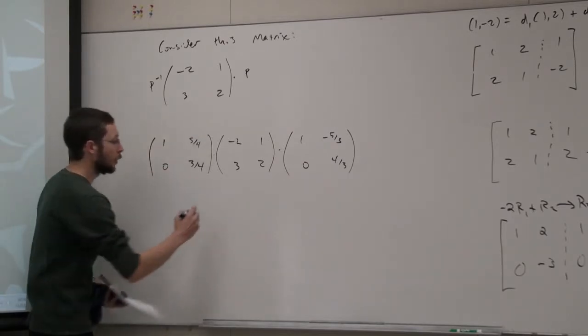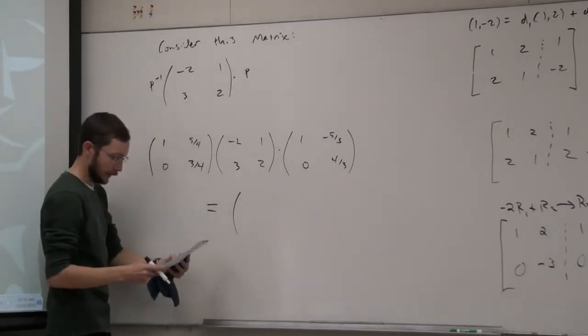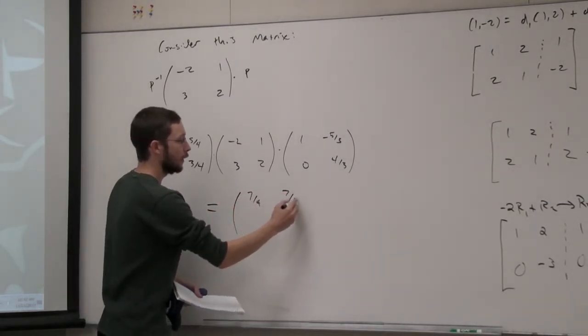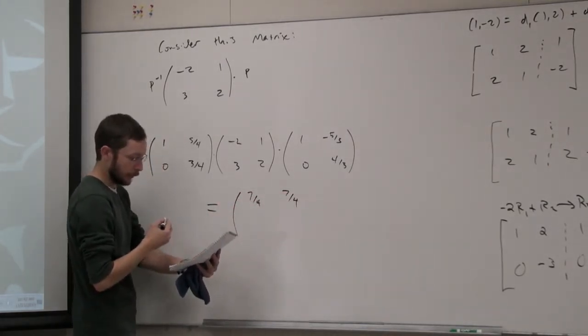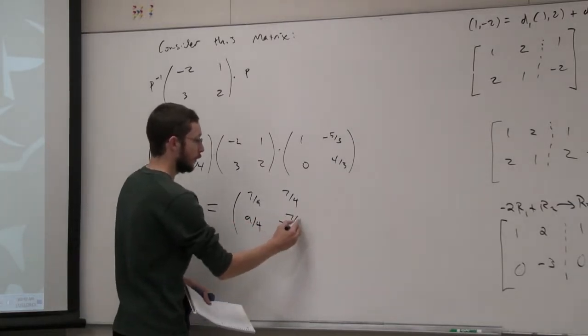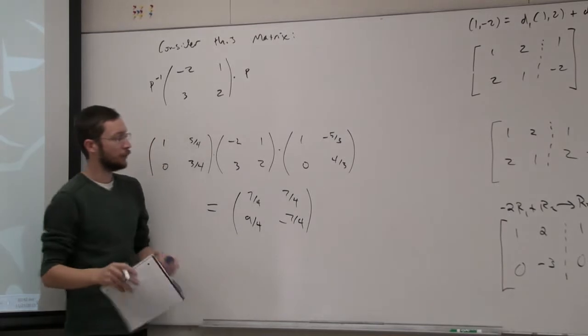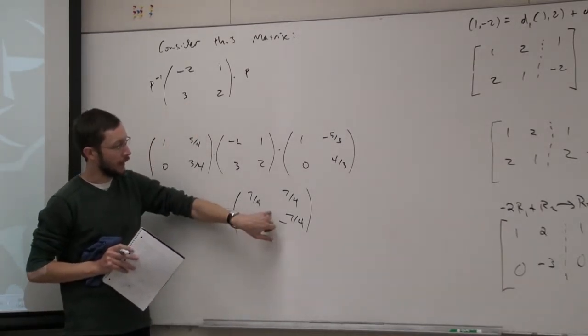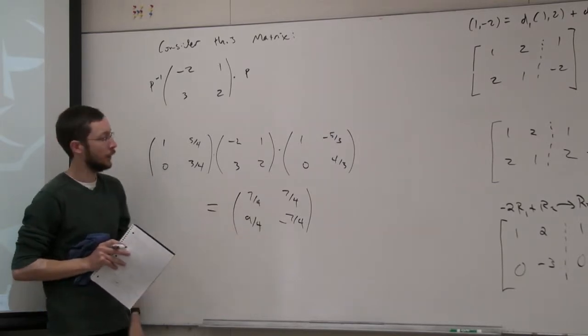And so when you multiply these matrices together, you get the following matrix: 7/4, 7/4, 7/4, 9/4, negative 7/4. And this matrix here then, if this was originally expressed in terms of basis 1, that expresses us in terms of basis 2.